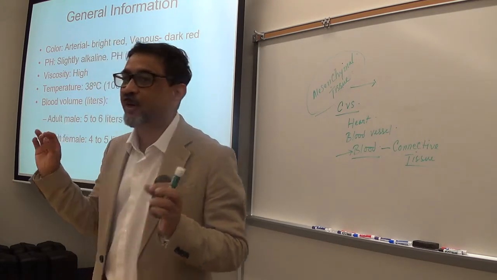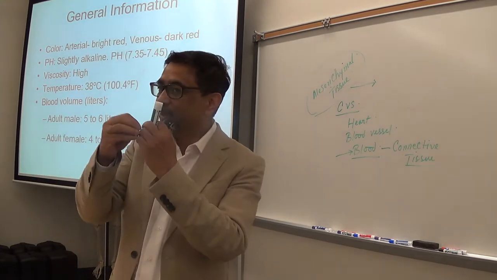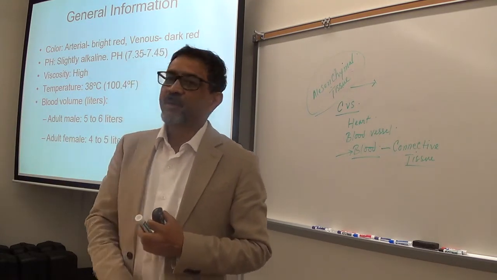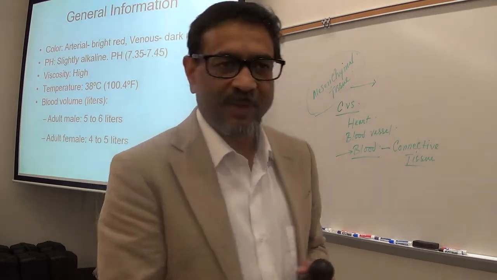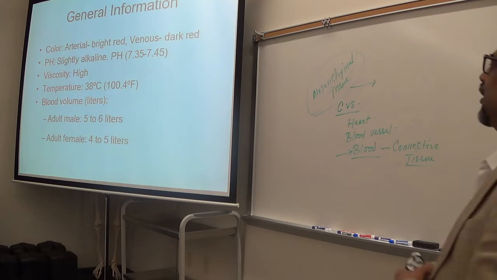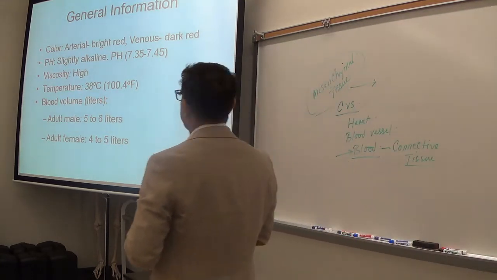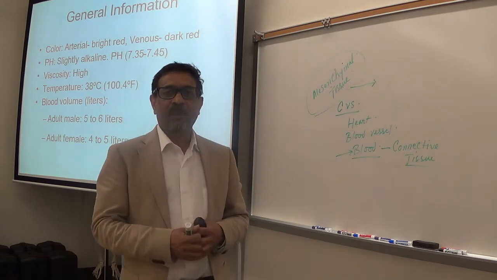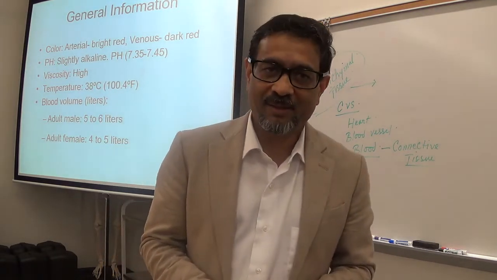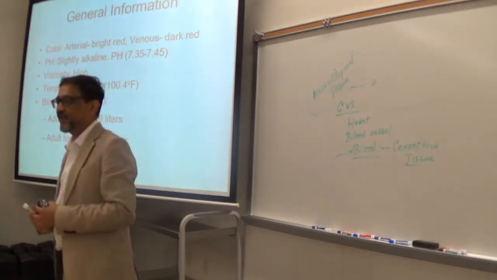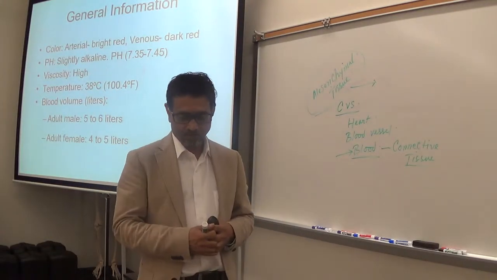Okay? And when oxygen binds with hemoglobin, it gives bright red color. Presence of carbon dioxide makes the blood dark red. But in general, we say blood is red because of hemoglobin in the blood. Hemoglobin is red pigment.